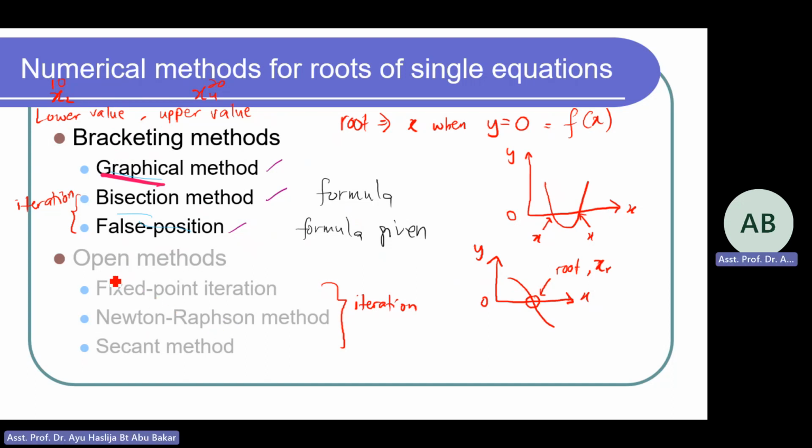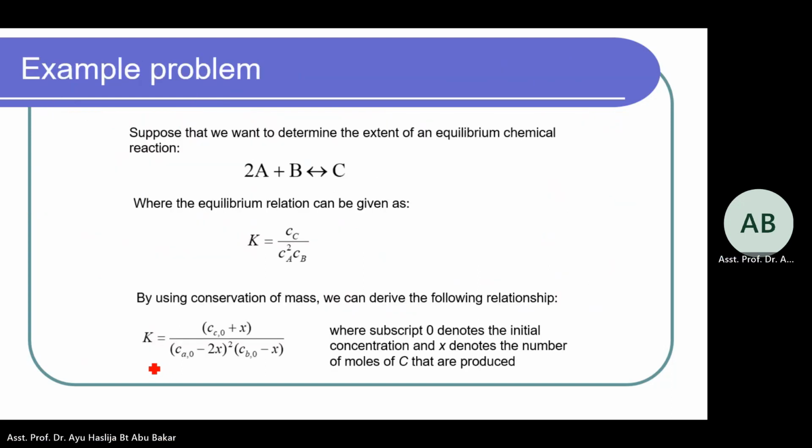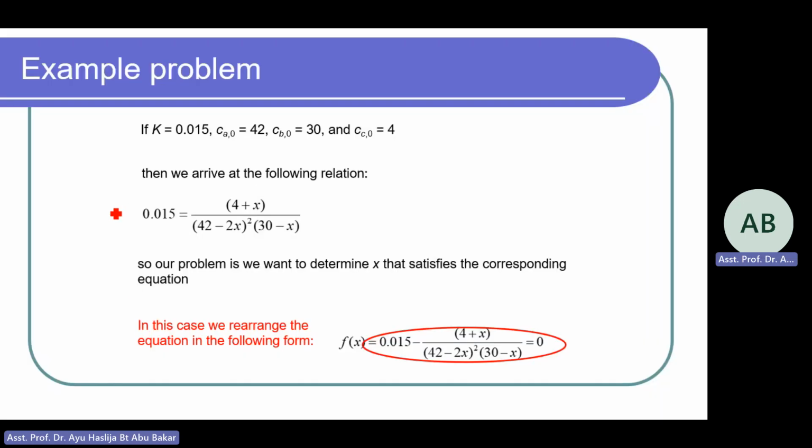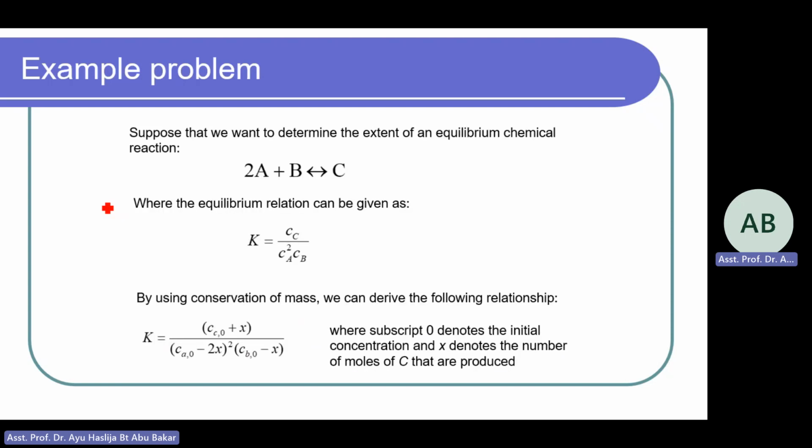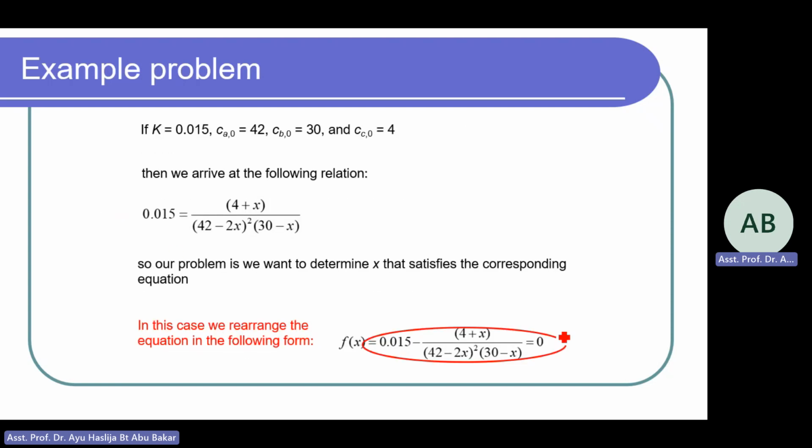Now, the open method doesn't give you the range. You will need to identify it. So I'll start with the graphical method. For this slide over here, I will go back later after we do the graphical, because this slide shows you how to get to the final equation.